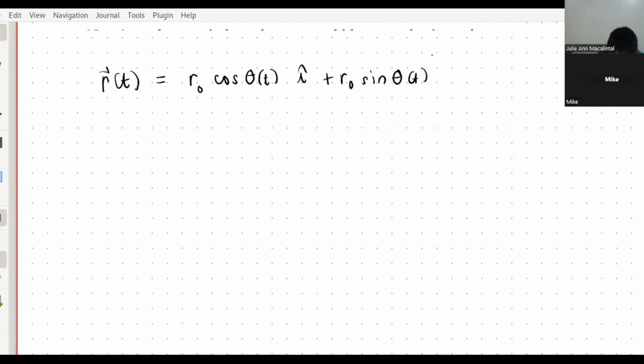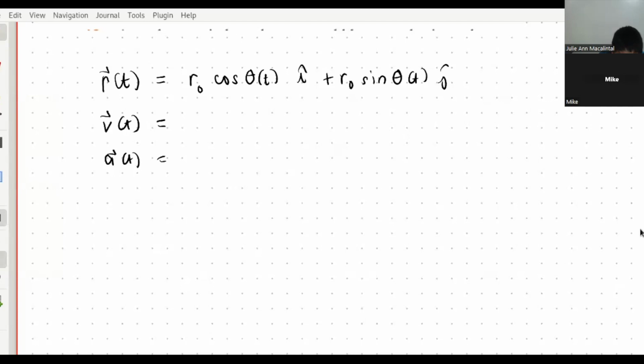Theta of t, j hat. So, kailangan natin expressions for velocity and acceleration.